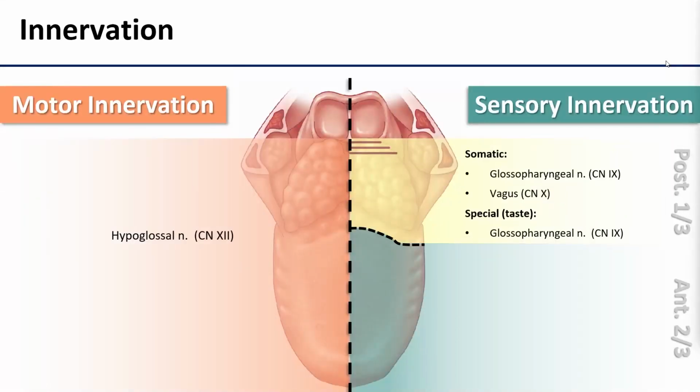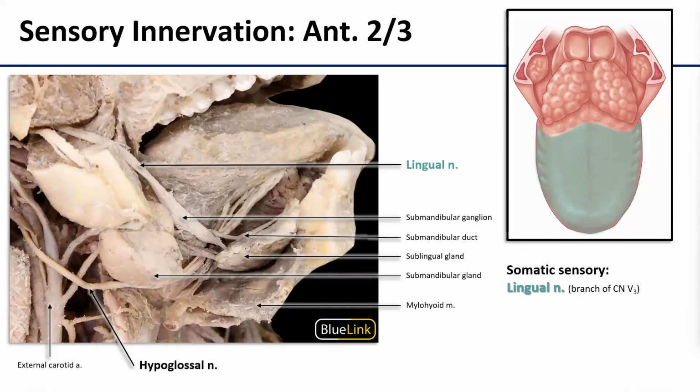All right, so that takes care of the posterior tongue. Now, the anterior tongue is going to get somatic sensory innervation from the same source as the rest of the inferior oral cavity proper, which is the lingual nerve. Now, the lingual nerve, remember, is a branch of the mandibular division of the trigeminal nerve.